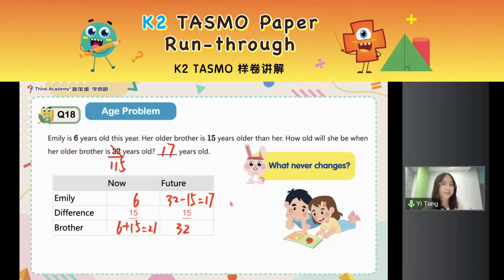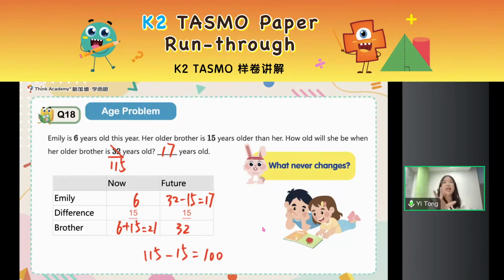How old will Emily be when her brother is 115 years old? Yes. Now the answer is, all right, so we can use 115 minus 15, and we get 100.